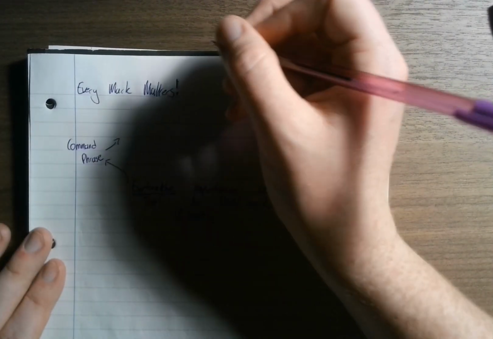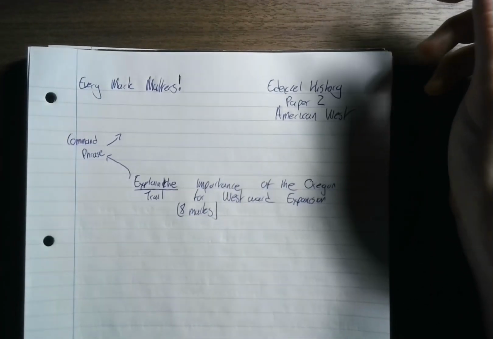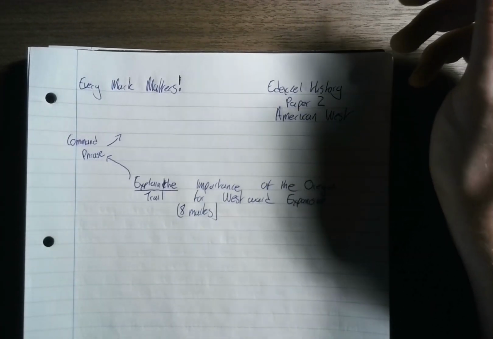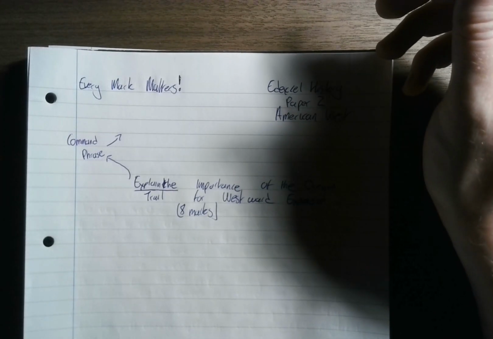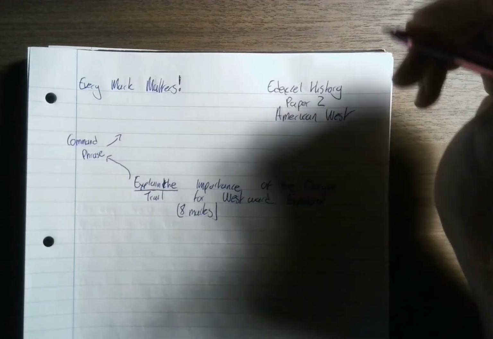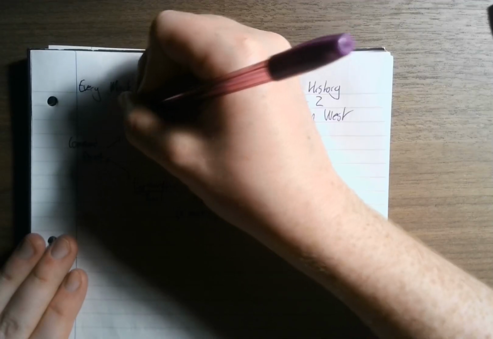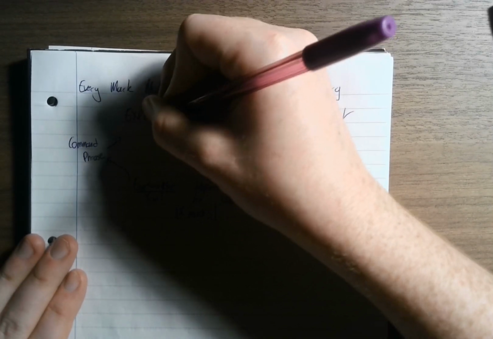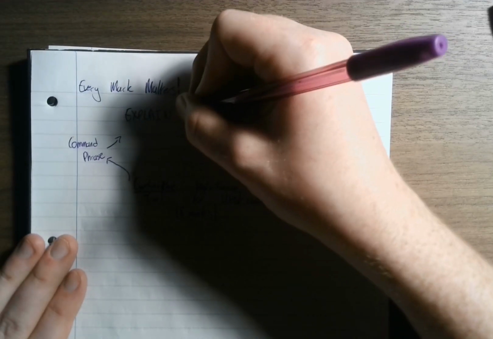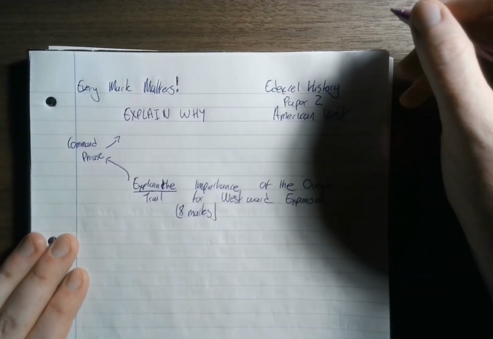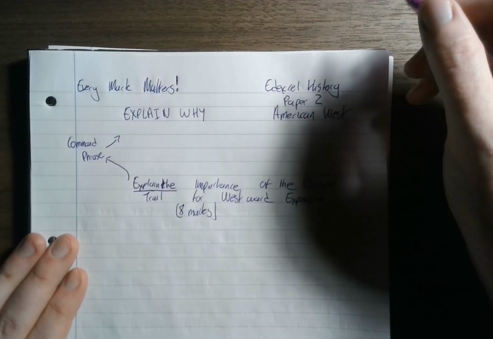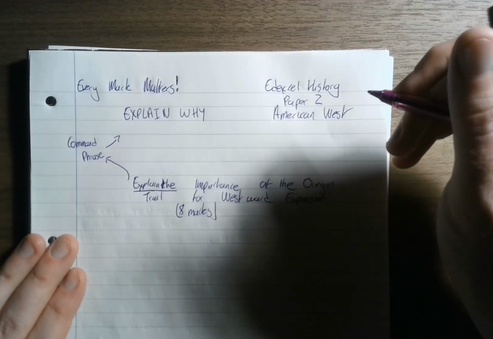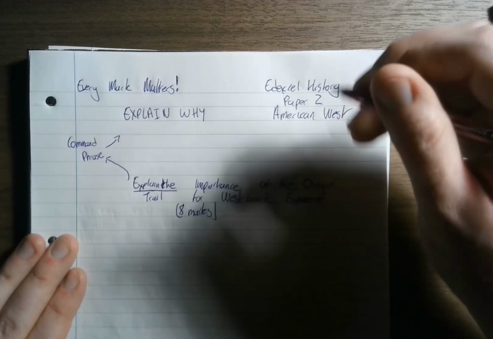Now what we need to do for this question is, the exam board are really cheeky here, because although they've written explain the importance, they've actually made a huge error, because this question is actually an explain why. That's all this question is. This is just an explain why question that the exam board have got. They've made a mistake and they've jumbled it all up.